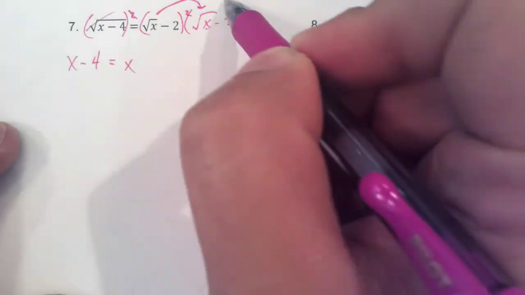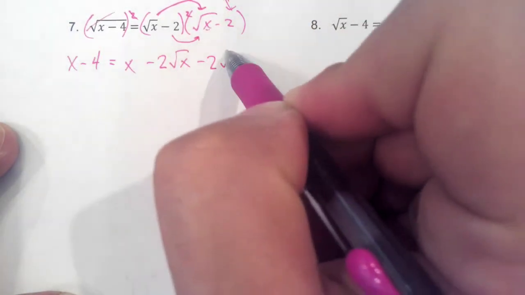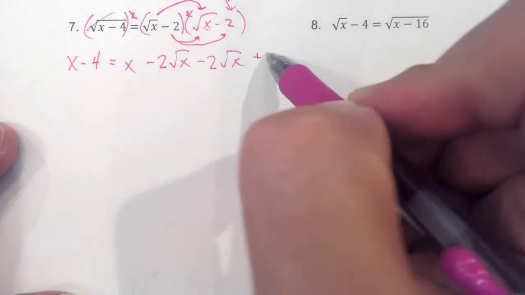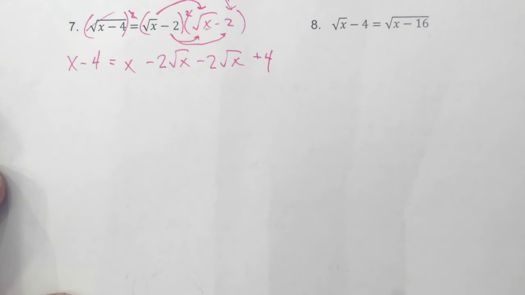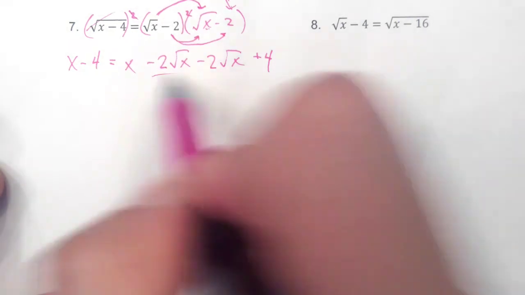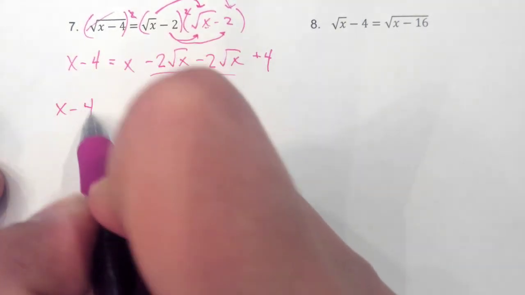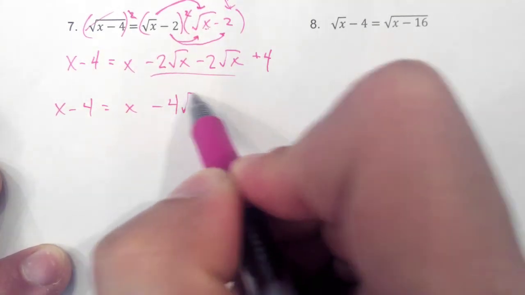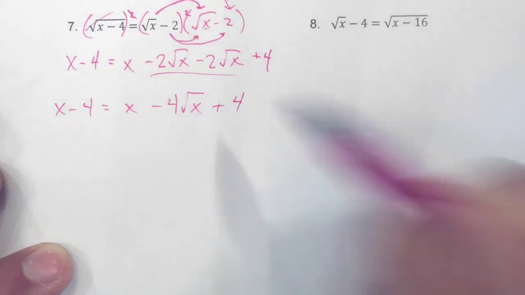The square root of x times negative 2 is negative 2 square roots of x. Negative 2 times the square root of x again is negative 2 square roots of x. And then negative 2 times negative 2 is positive 4. If we put those middle terms together, I would have x minus 4 equals x. Negative 2 minus 2 more is negative 4 square roots of x, and then plus 4.